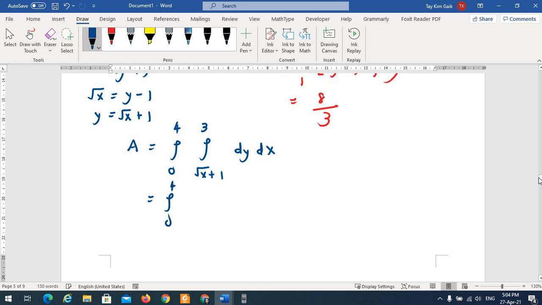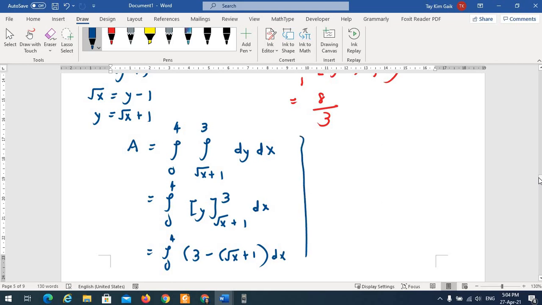0 to 4. Integrate 1 with respect to y, you have y. The limit is from square root of x plus 1 up to 3, and then dx. So you have 3 minus square root of x plus 1, dx. Integrate 0 to 4, simplify it. Open up, so 3 minus 1 is 2, so 2 minus square root of x dx.